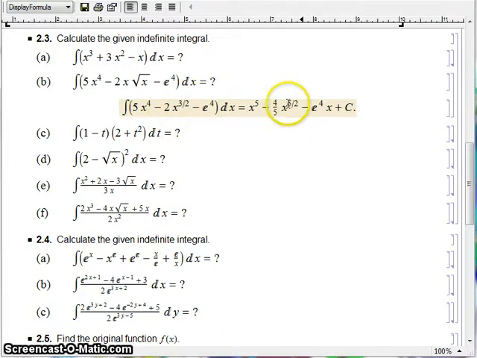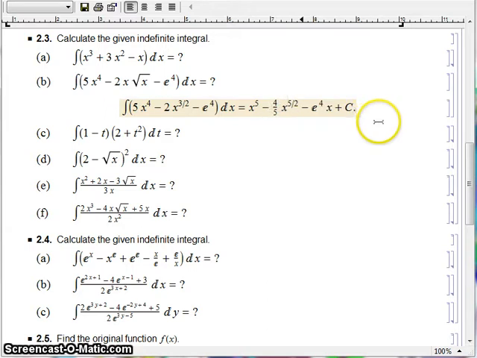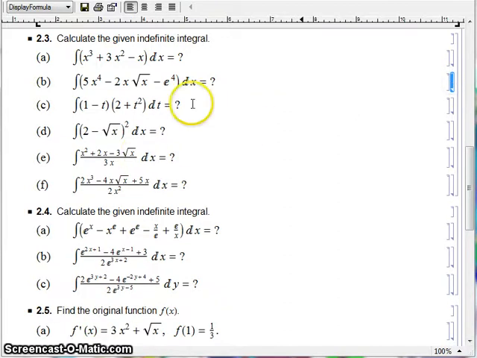Increase the power by 1, so we have 5/2 power, and we have to divide, which means we have to multiply the reciprocal, and 2 was there before, so calculating this, -2 times 2/5, we have the number we had before. And then e to the 4th power, that's a number, that's a constant, so times x. Here we go. Let's go to the next problem.